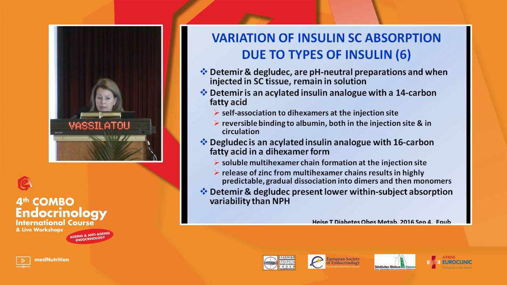Degludec is an acylated insulin analog with a 16-carbon fatty acid in a dihexameric form. This molecule presents soluble multi-hexamer chain formation at the injection site, and release of zinc from these multi-hexamer chains results in a highly predictable gradual dissociation into dimers and then monomers. So detemir and degludec present lower within-subject absorption variability compared to NPH insulin.